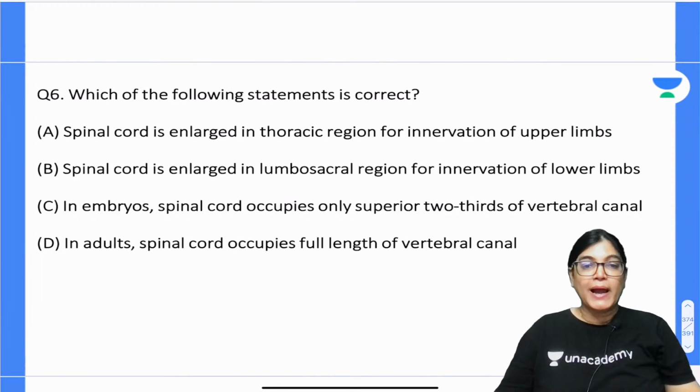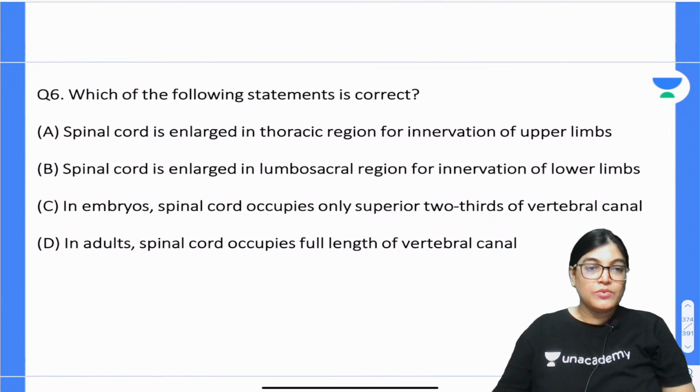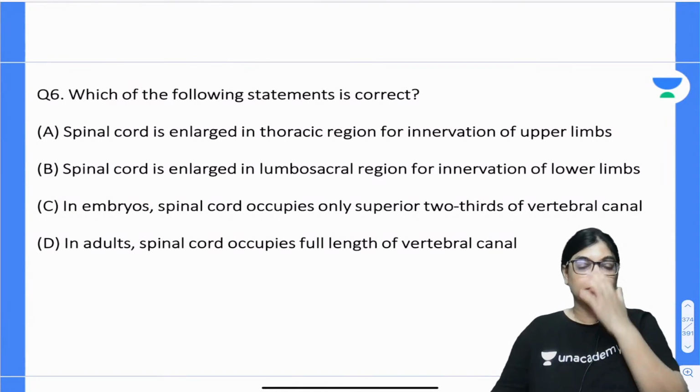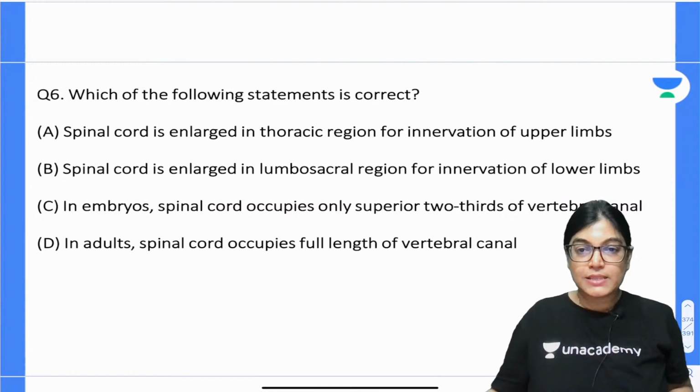In embryo, spinal cord occupies only superior 2/3 of the vertebral canal, and in adults, spinal cord occupies the full length of the vertebral canal. 4 options are there for question number 6. Mark the correct answer. Your time begins now.